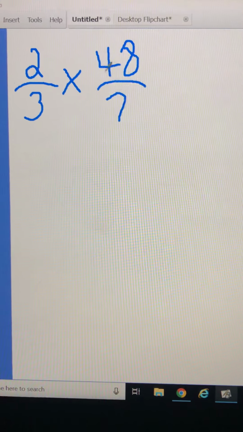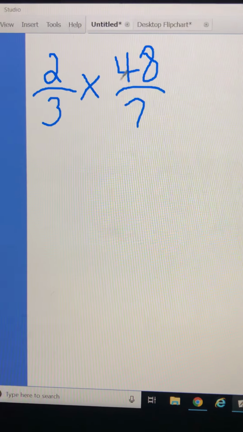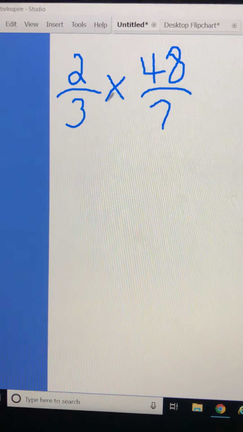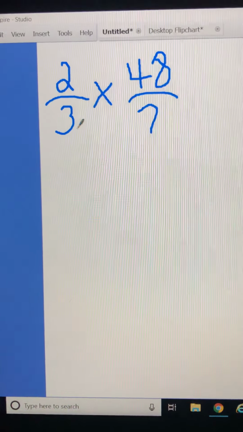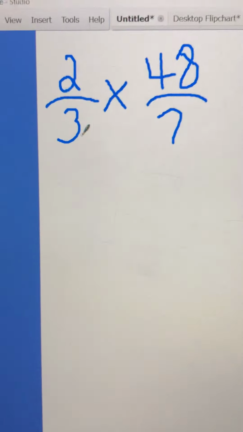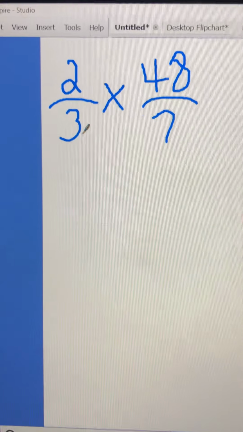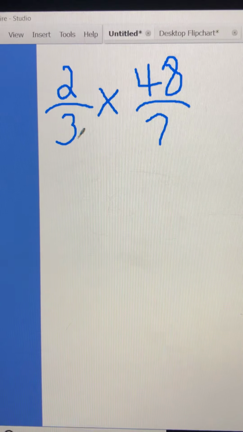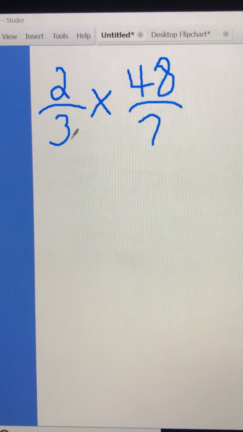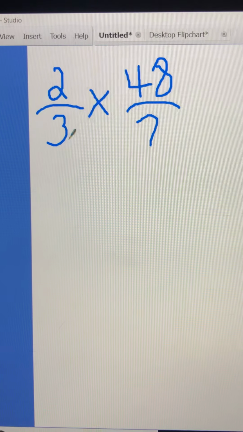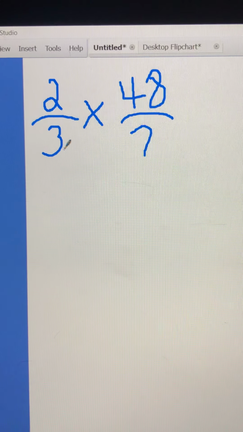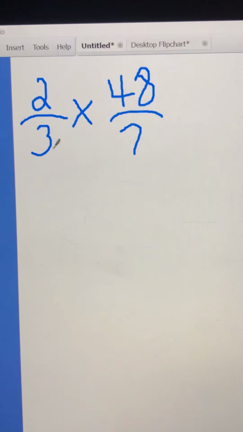Let's look at 3 and 48. I understand you're 5th graders, so you probably would not know this off the top of your head unless you think of time. Think about 45. Could you divide 45 by 3? Yes, you could and get 15. Well, 45 plus 3 is 48.